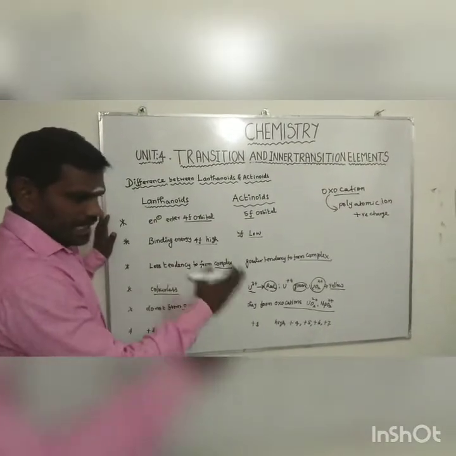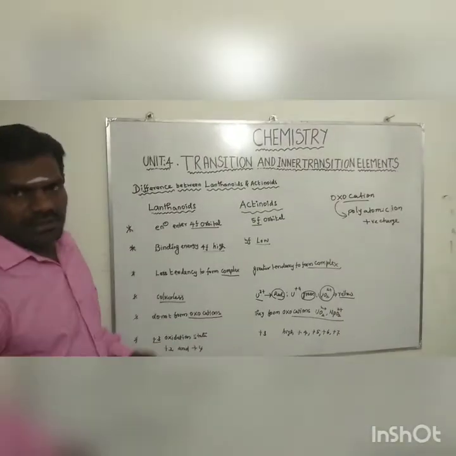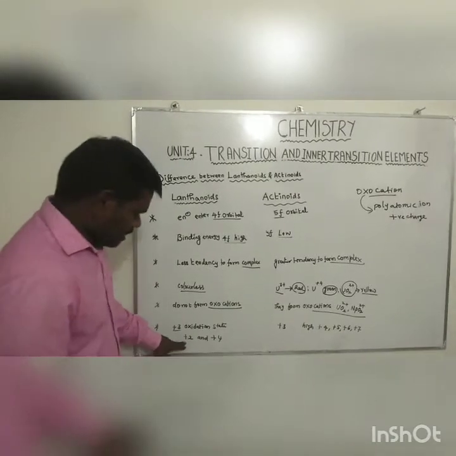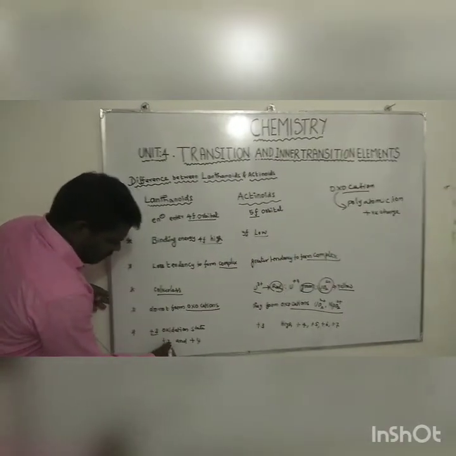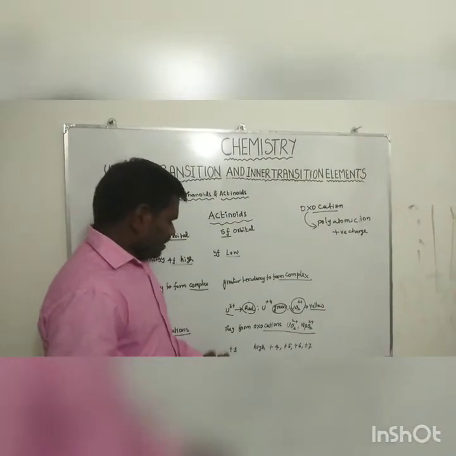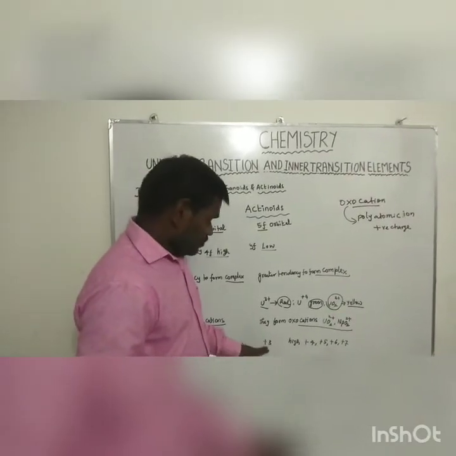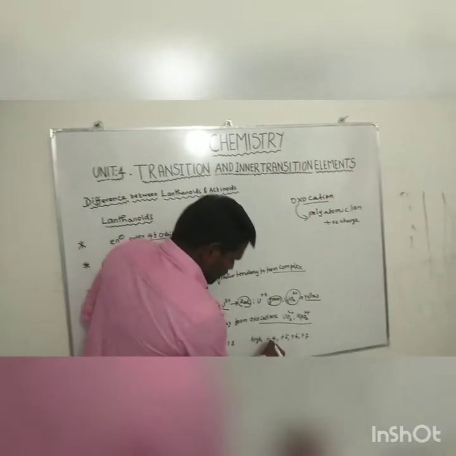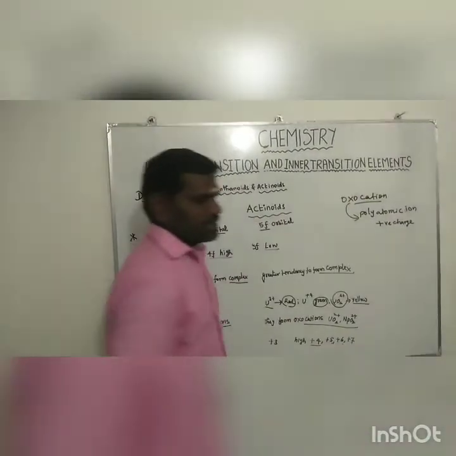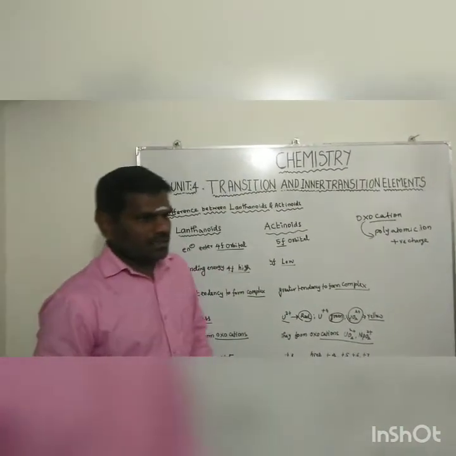For both lanthanides and actinides, the common oxidation state is +3, which is a very stable configuration. But other oxidation states in lanthanides are +2 and +4. Actinides also exhibit higher oxidation states; +3 is the common one, but higher oxidation states are +4, +5, +6 and +7. These are very important.